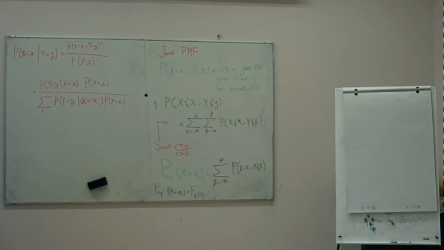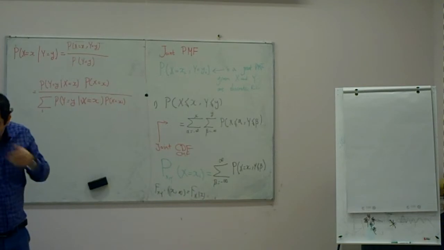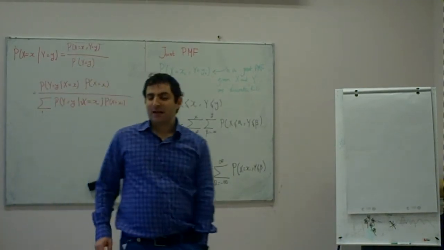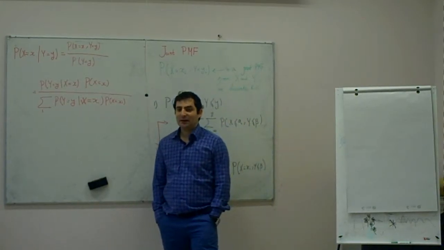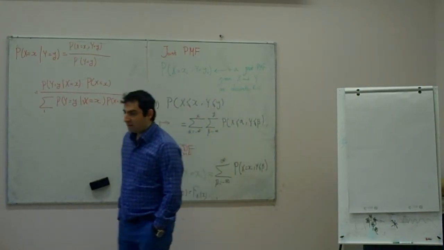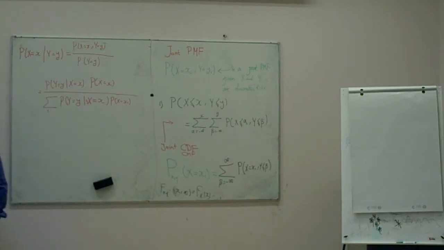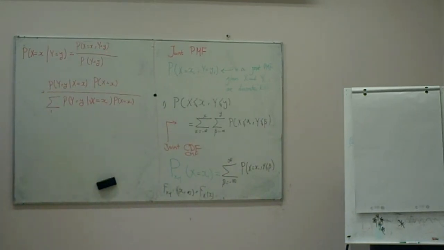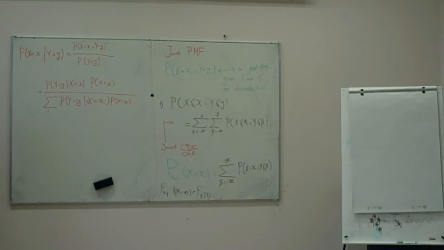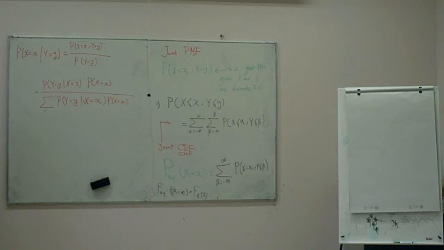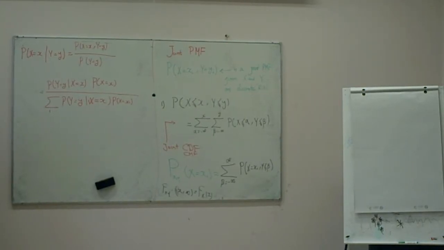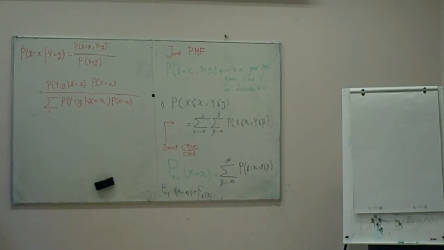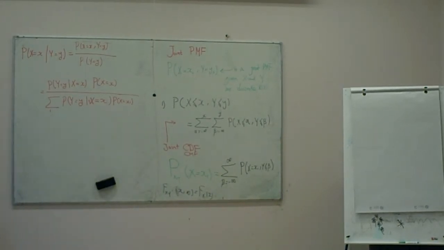Let me see if you remember the statistically independent variables. If A and B are statistically independent, do you remember what we could say about it? If two random variables, or any two random events, are independent, what could we say about it? The multiplication of them. The joint probability will be the multiplication of them.